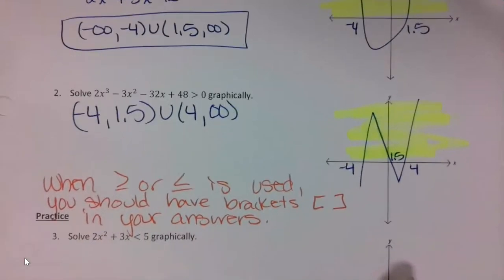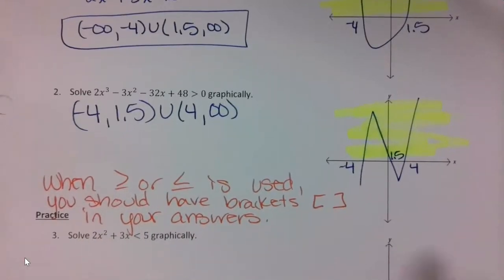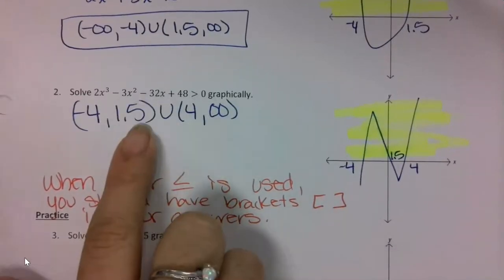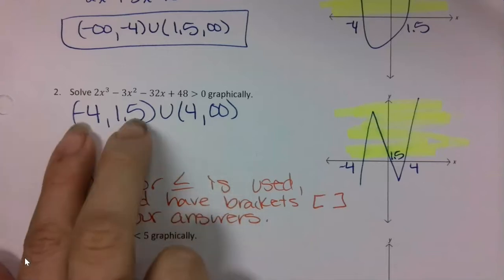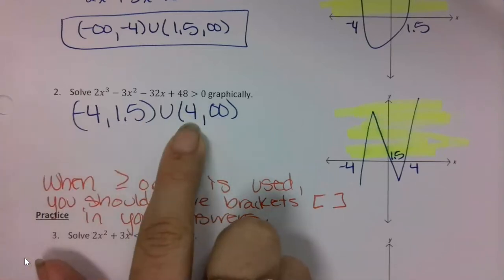Everything except for infinities. So like if this one had the greater than or equal to, the first set would have brackets on both sides, and then the second one would just have it on the floor.